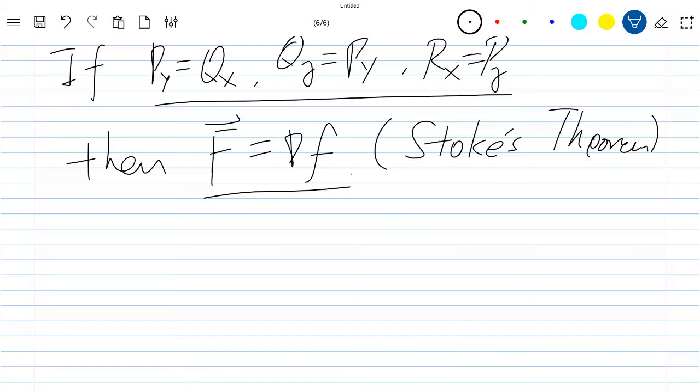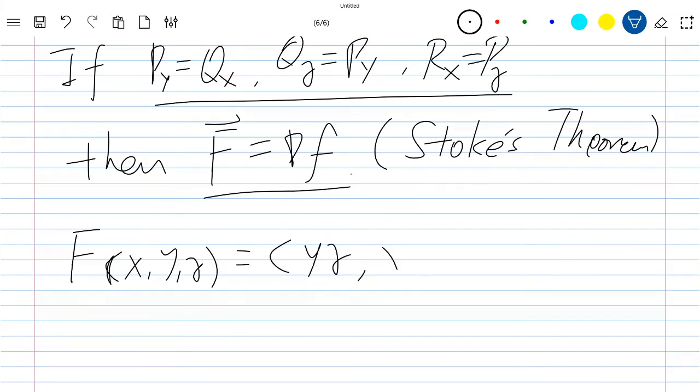Okay, let's see an example. Suppose you're given a field F(x, y, z) equals (yz, xz, xy plus 2z).